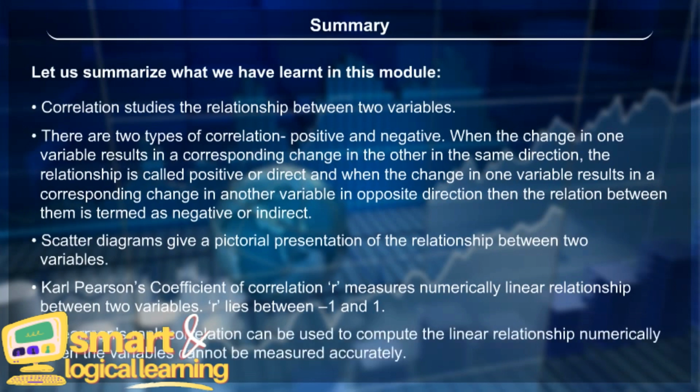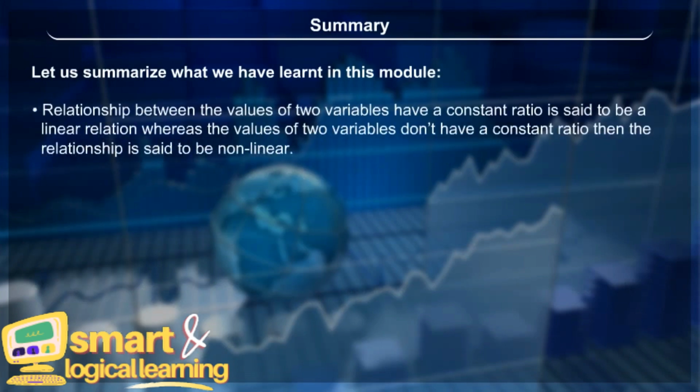Spearman's rank correlation can be used to compute the relationship numerically when the variables cannot be measured accurately. A relationship between two variables whose values have a constant ratio is said to be a linear relation, whereas if the values of two variables don't have a constant ratio, then the relationship is said to be nonlinear.